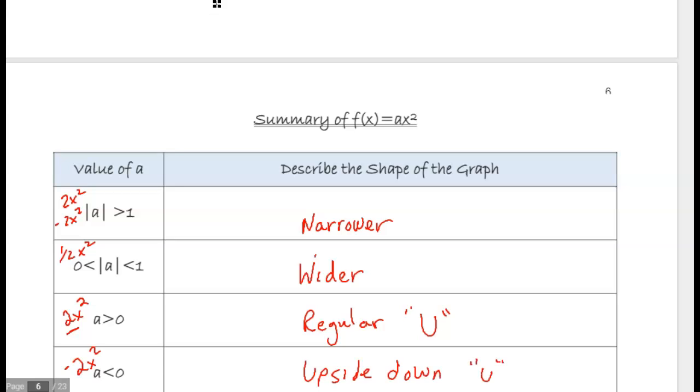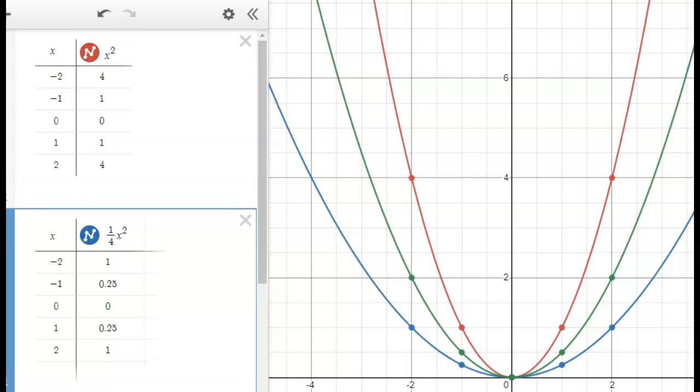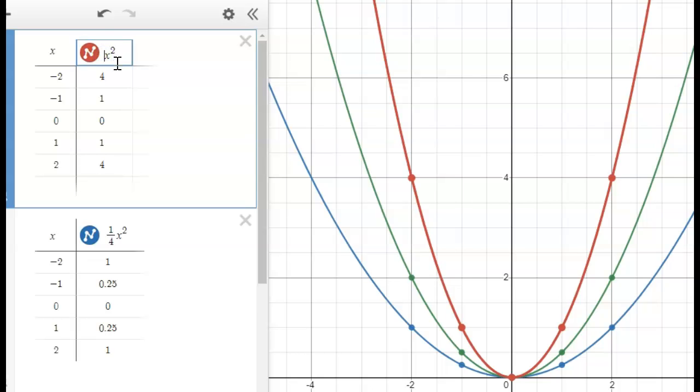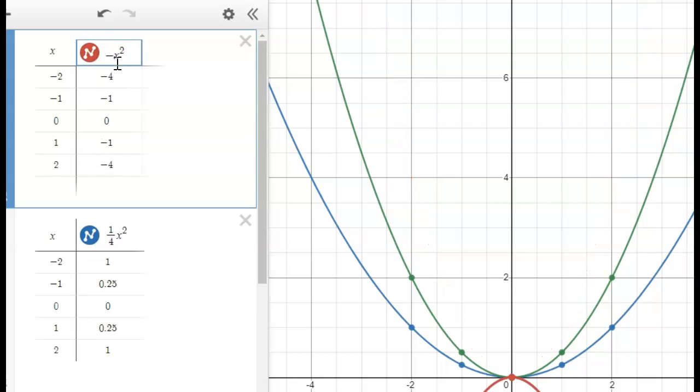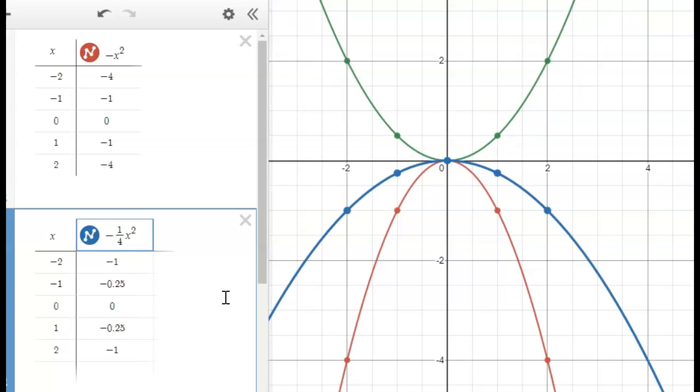So it's upside down u. Okay. So if I came over here to any of these and put this negative in front of the x squared, you can see it flips it upside down. If I took this blue one, I added a negative, it flips it upside down.